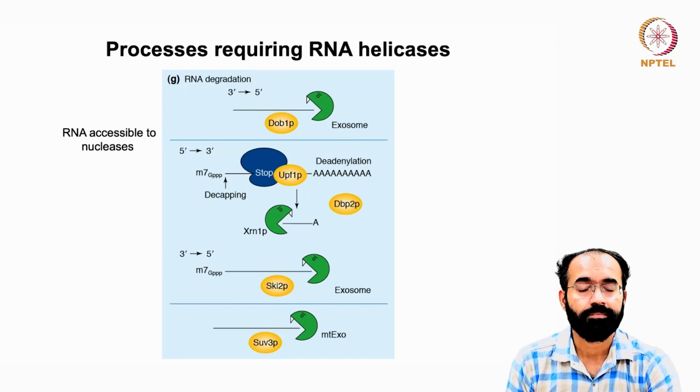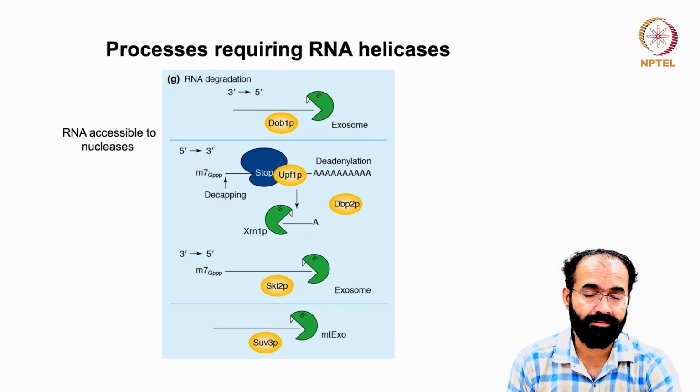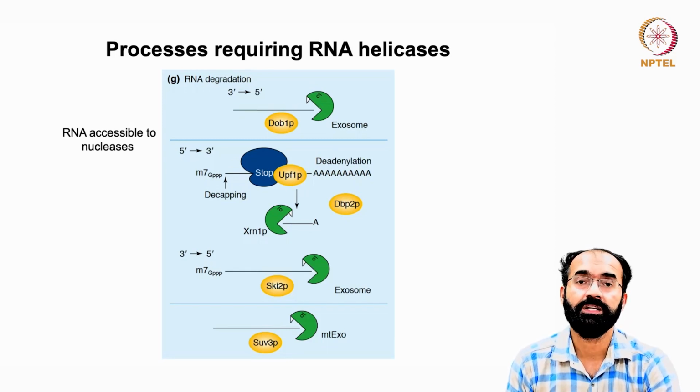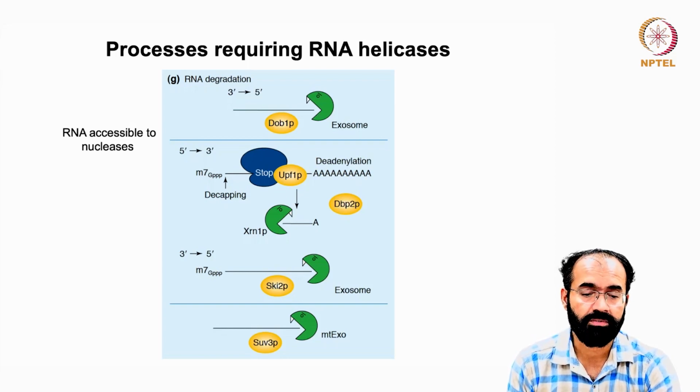So for some RNA, when the exonuclease has to act from the 5' end, decapping is required, because if the 7-methylguanosine cap is there, it will not allow any exonuclease to act. So the cap has to be removed, and you need UPF1P.